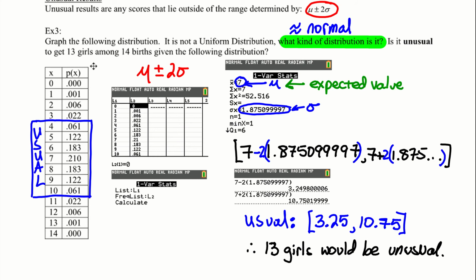Fixed number of trials, 14. Fixed probability, we assume 1/2, right? Independent events, right? If the first birth is a boy, for example, that doesn't mean that boys are no longer available to the other people. So independent events and 2 outcomes, boys and girls, at least academically.